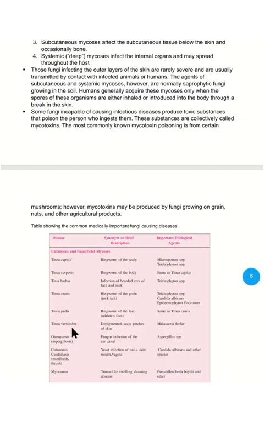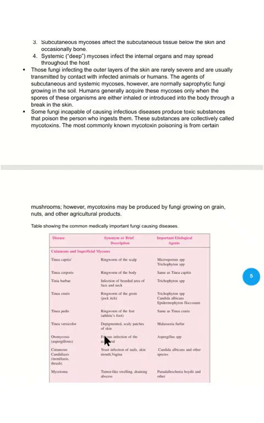So there are different types of tinea. This is the common name of the disease, this is the site it affects, and this is the species. Most of the time, there could be two species causing the same disease. So you might find different species of fungi leading to the same disease.